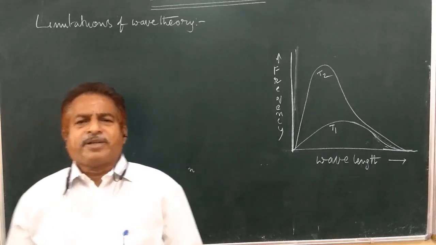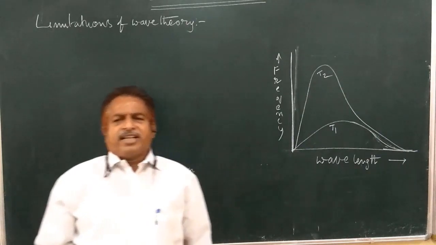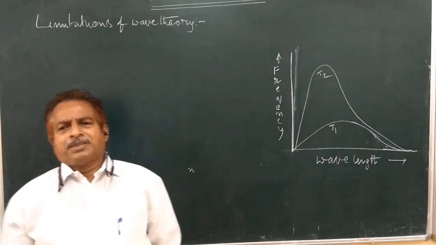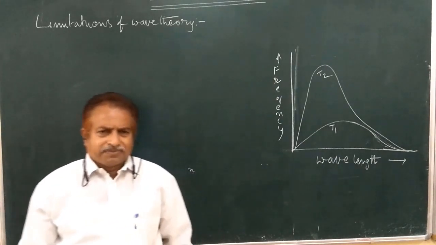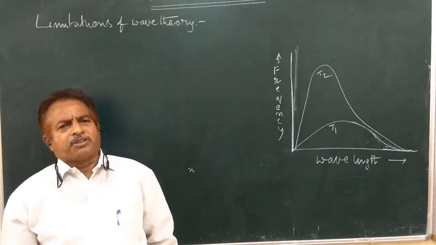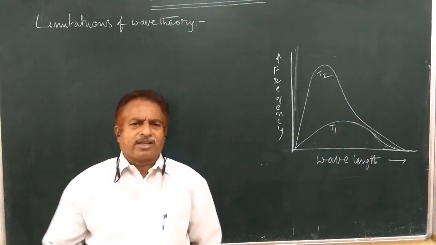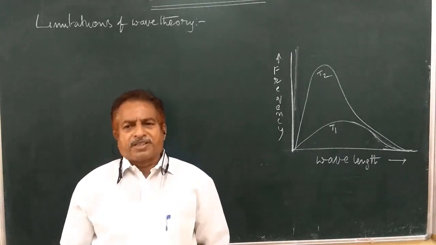Let us see the limitations of wave theory. The wave nature of electromagnetic radiation, or wave theory of electromagnetic radiation, could explain the phenomena of interference and diffraction, whereas it could not explain certain properties.